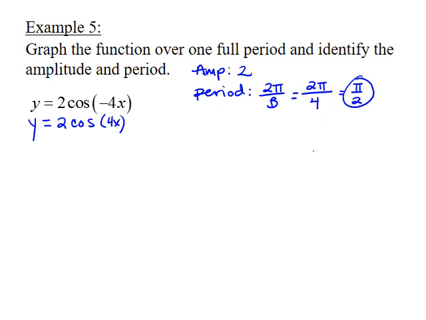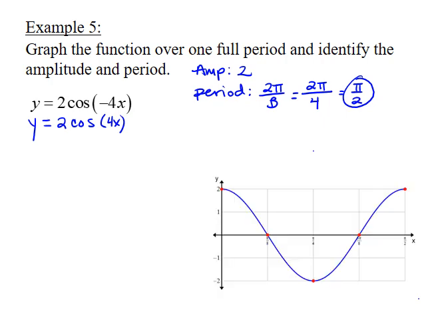So it might be helpful to break this up into fourths. If I were to sketch this graph, I know that I'm going to start at 0 and end at pi over 2. And then halfway between is pi over 4. That will be the minimum since this is the graph of cosine.